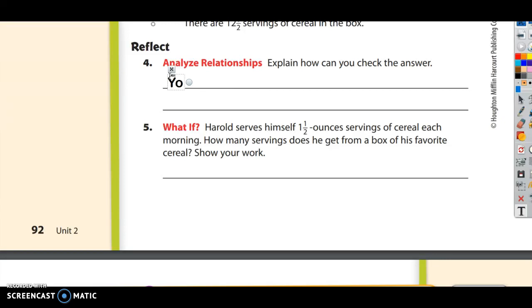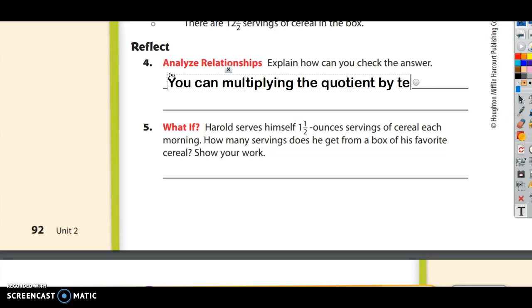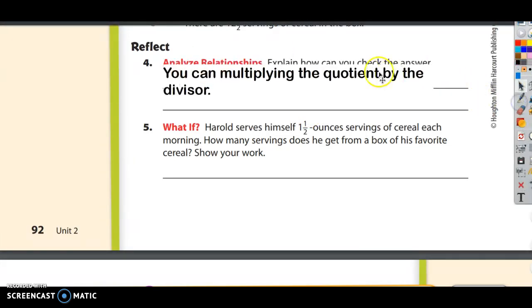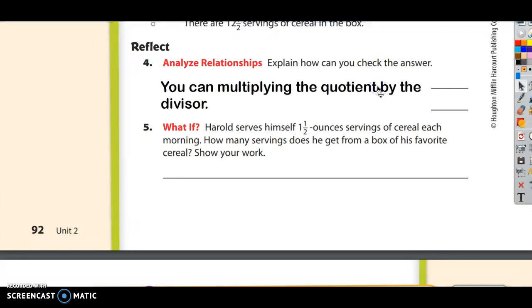You can always check the answer to a division problem by multiplying the quotient, that's your answer, by the divisor. Those are fancy words, but it's really just a way of saying that if you went back and multiplied 12 1/2 by 1 2/5, you'd get 17.5. I'm not saying that we're always going to do that. I'm just saying you could.